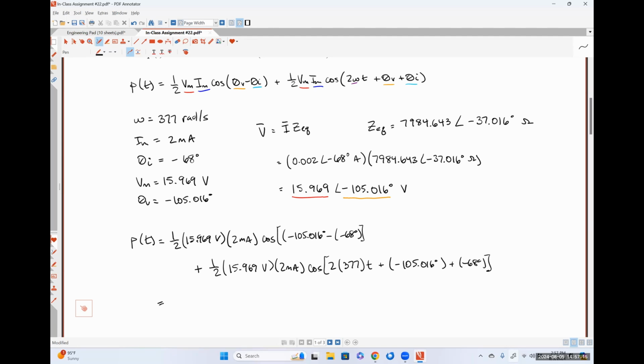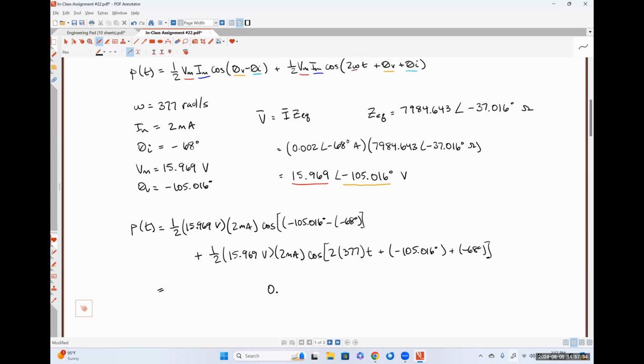And so now I'm just putting stuff in my calculator. So 0.5 times 15.969 times 2 times 10 to the minus 3. That's going to wind up being in milli.